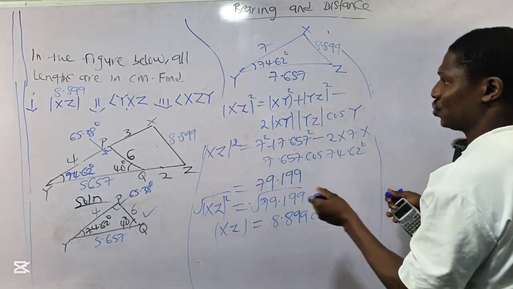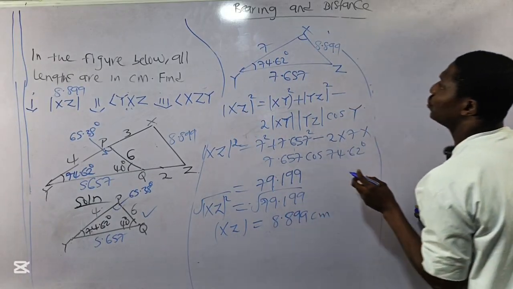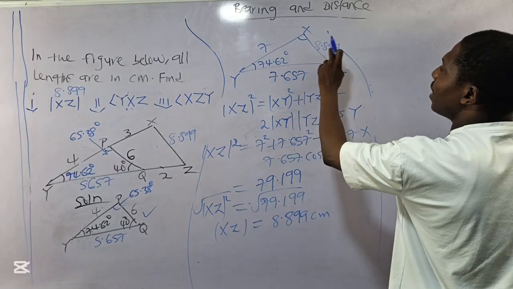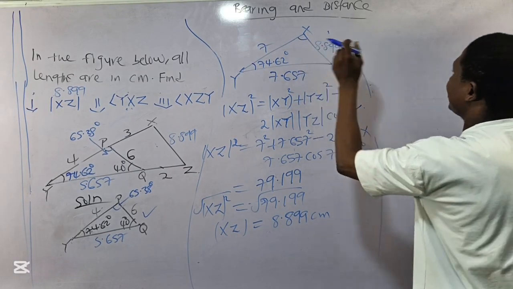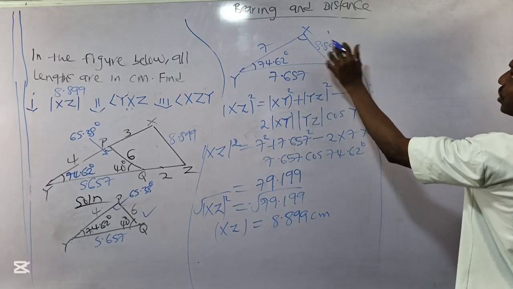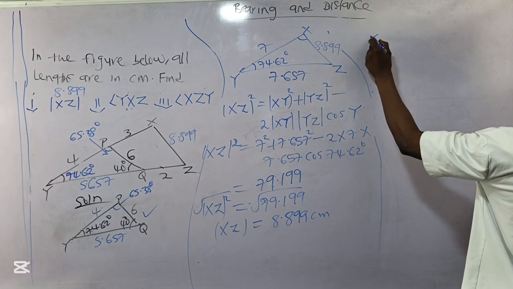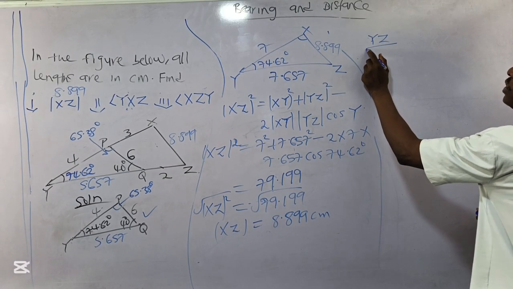Now for the angles, this is the first angle. I have this angle and this side known, so I can use the sine rule to get my X. So from this triangle, my side YZ, using the sine rule again.